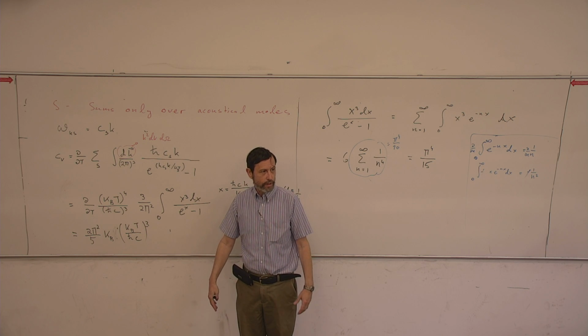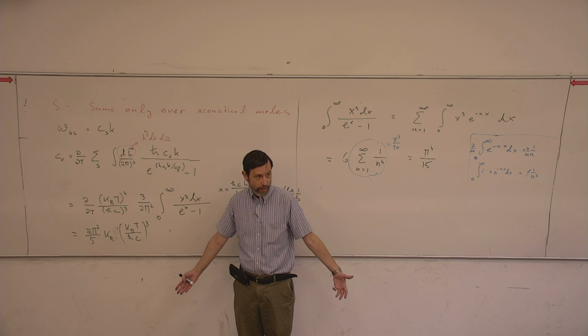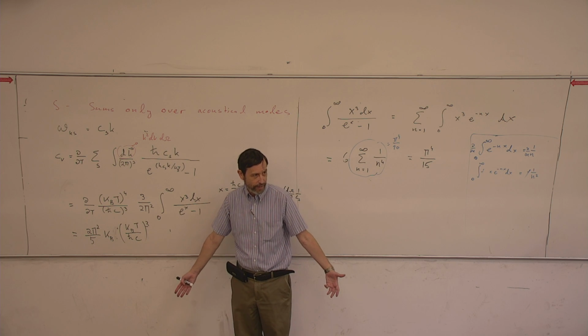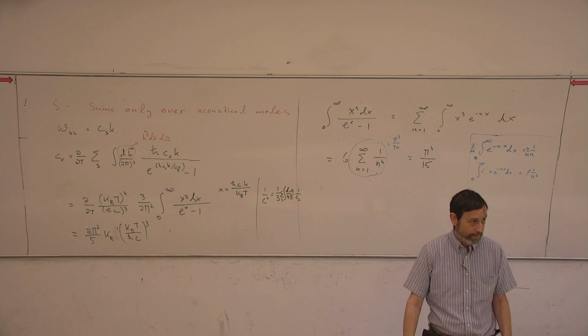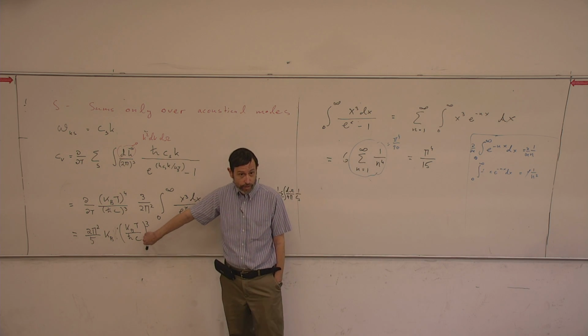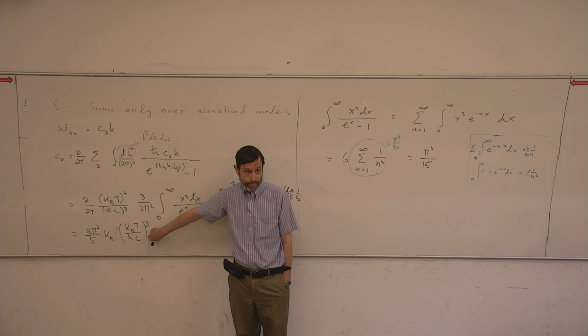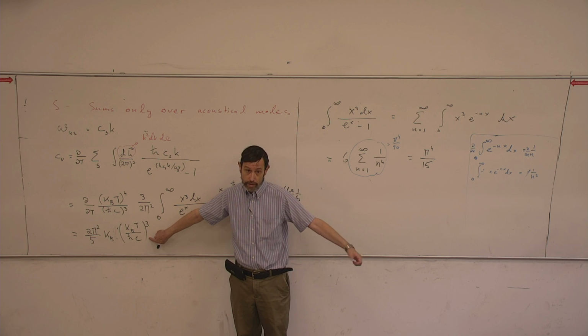As T goes to 0, it doesn't change anything, right? It has a finite heat capacity at 0 temperature. This tells you that as T goes to 0, the heat capacity also goes to 0.